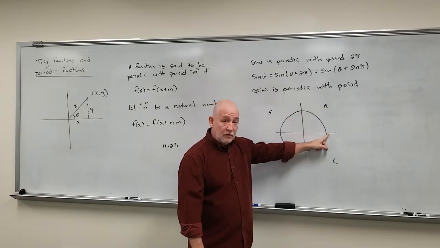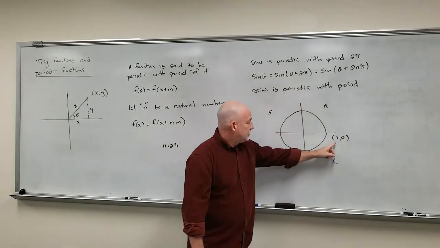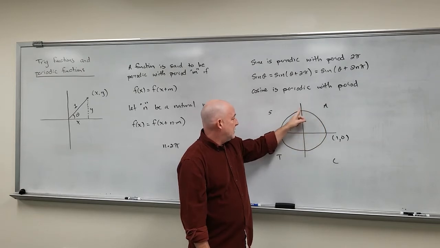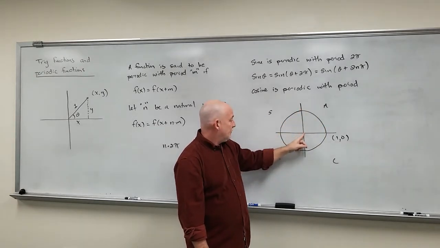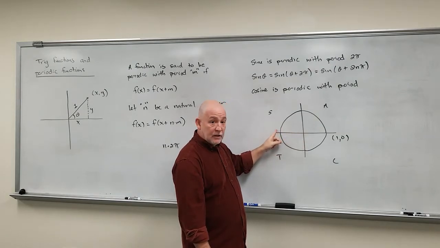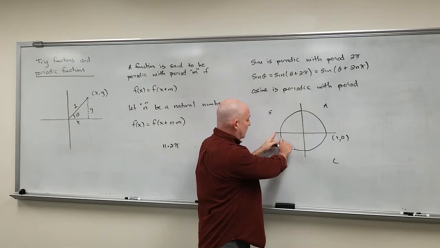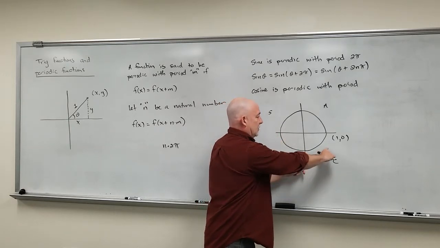So when I'm over here, remember if we're on our unit circle, this is the point (1, 0). So we have an x value of 1, and then we're going this way. So the x values are getting smaller until I get to an x value of 0. Then the x values are negative over here till I get to an x value of negative 1. Then the x values go from negative 1 back to 0 when we get to this point, and then from 0 to 1.